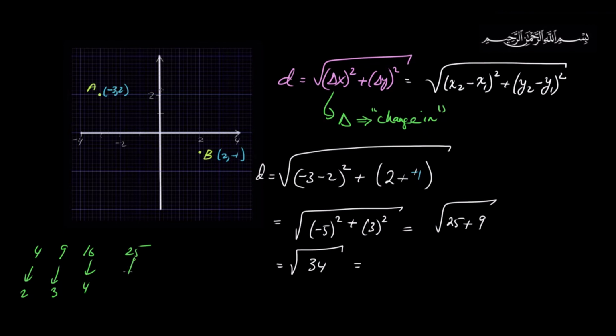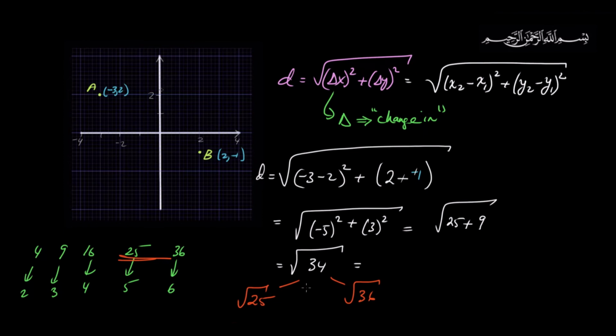4, and this is 5, and the next perfect square is 36, and the square root of that is 6. But now you observe, in fact, 34 is between these two perfect squares. In other words, 34 is between 25 and 36, okay? So this is not a nice, neat square root. If you punch that in a calculator, it will come to be an irrational number, a decimal that goes on forever.